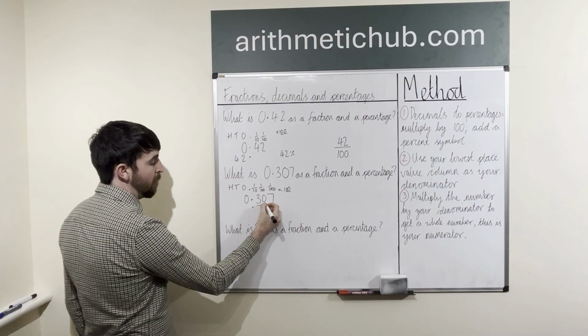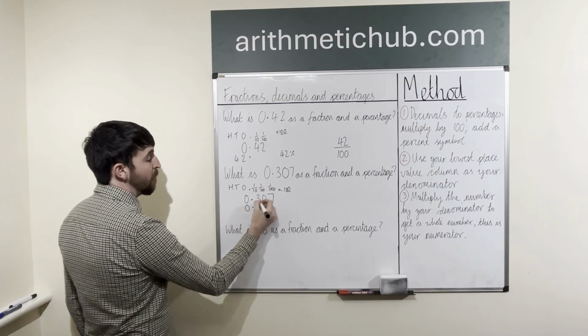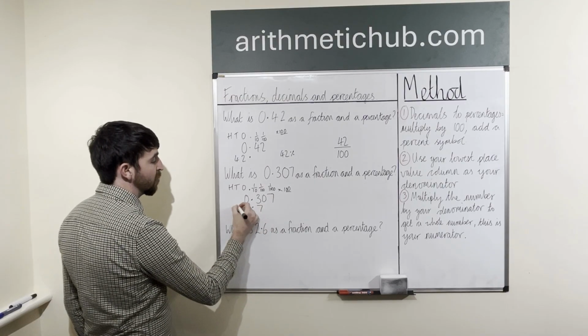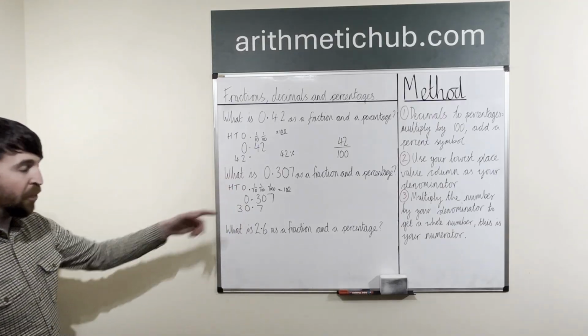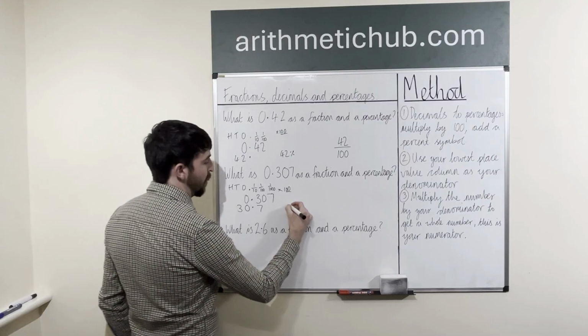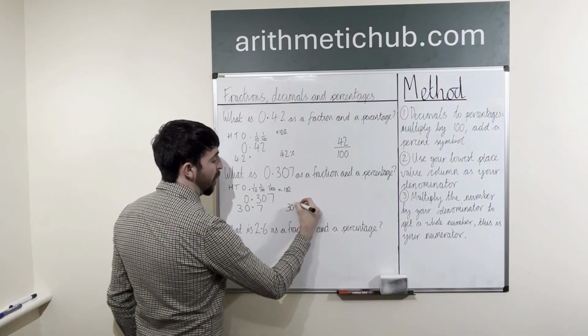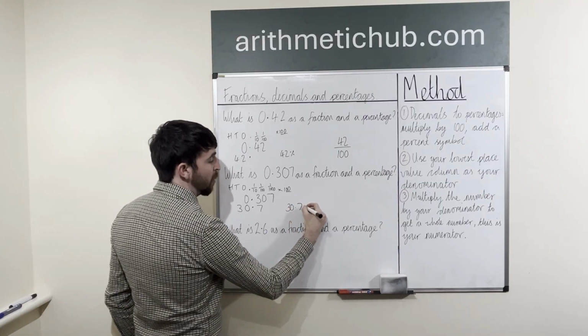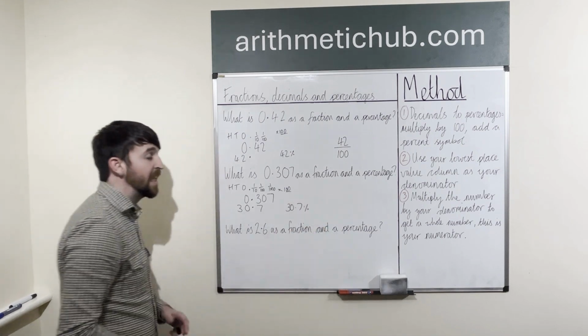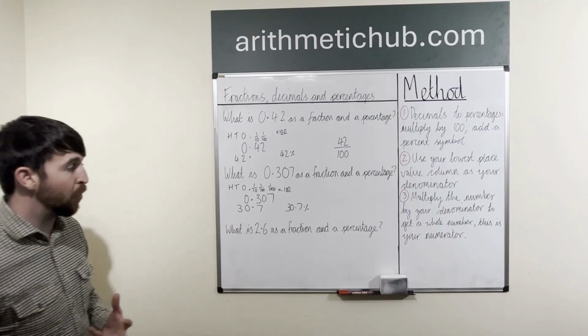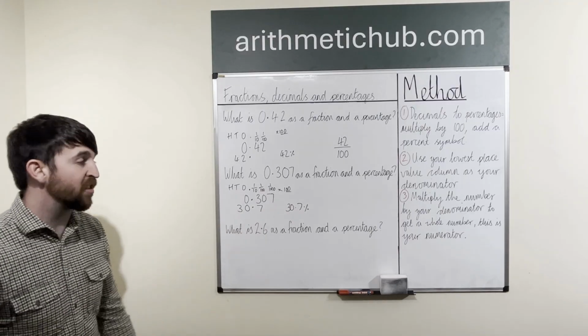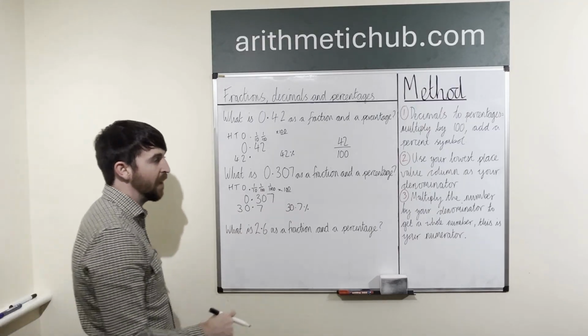Drop my 0 down, move it once, twice. Drop my 3 down, move it once, twice. So we've got 30.7. We need to make sure we've got our percentage symbol in. So 0.307 would be 30.7%. You can have decimal percentages, that's absolutely fine.